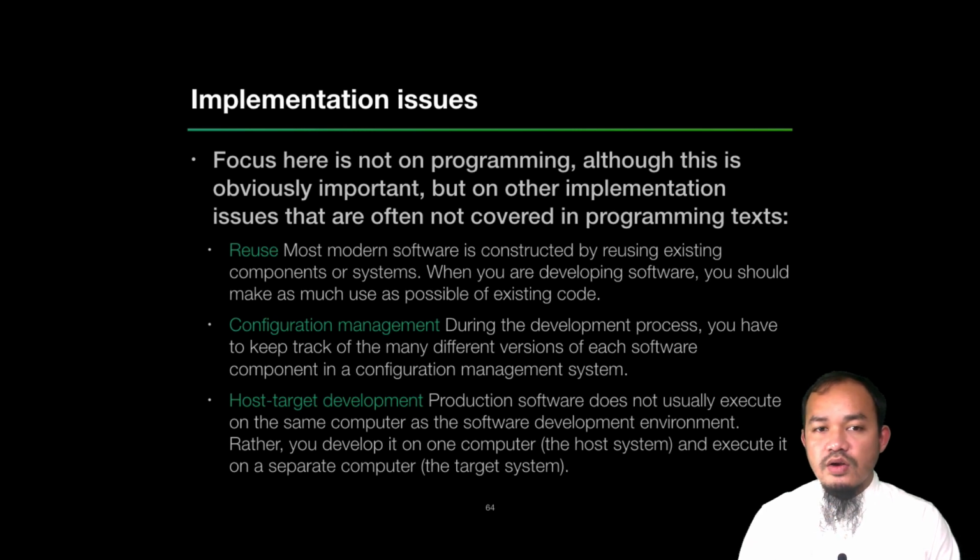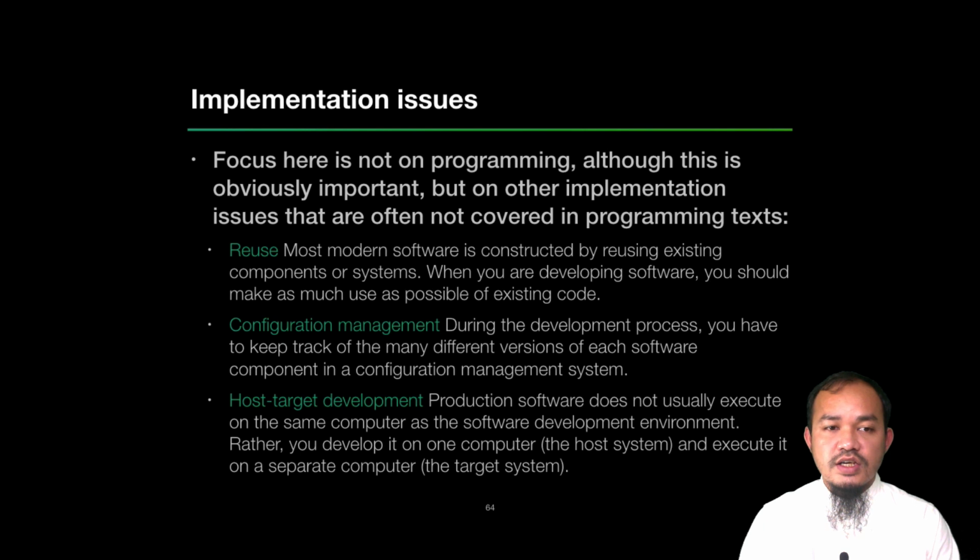These are implementation issues that are often not covered in programming texts. If you are doing programming, there may be other issues, for example human error or syntax error. But this is about the high-level implementation issues that we're going to discuss.